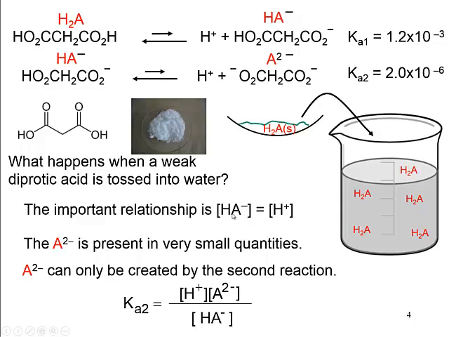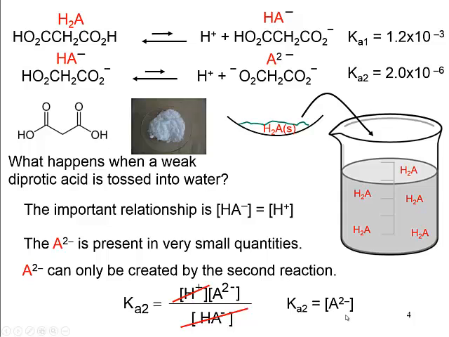If HA- and H+ are the same, in this expression those two would cancel, and the A2- concentration will be very close to Ka2 for the second step. And so in solution we would expect 2 times 10 to the minus 6 molar A2- present, in very small quantities.